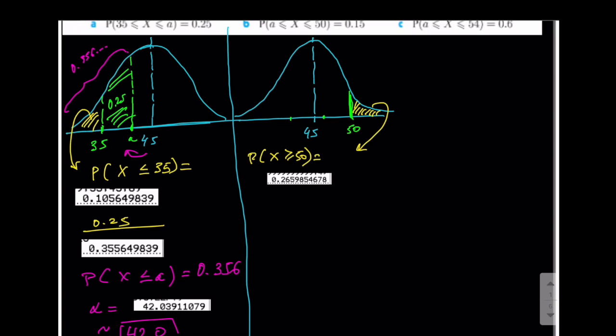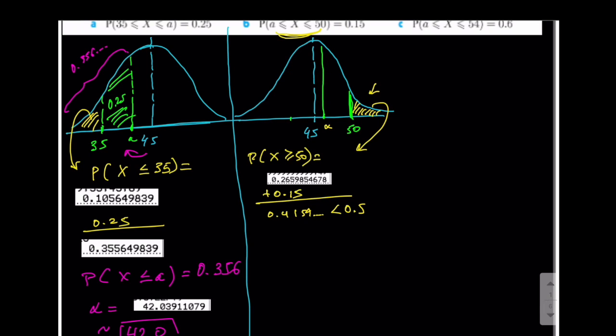If I add to this number 0.15, I get the number we had before, 0.4159, etc., which is smaller than 0.5, which means that if I add this thing together with this thing, it has to be less than 0.5, so that means that alpha has to be there, or A has to be there.